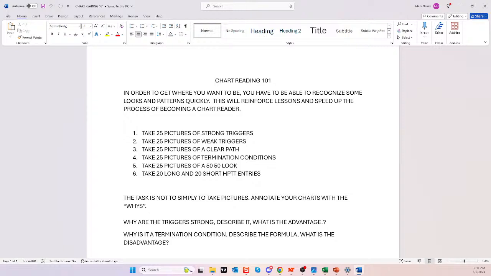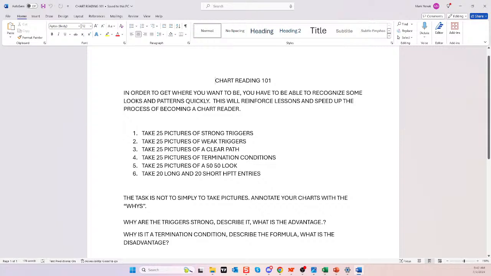If you go back, and I'm going to say this with the utmost confidence, maybe even a little cockiness, if you take the time to go back and take 25 pictures of strong triggers and 25 pictures of weak triggers, you're never going to accidentally trade without momentum, because you're going to know the difference and exactly what it looks like.